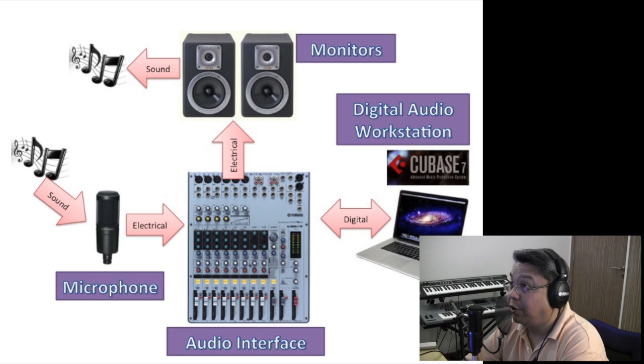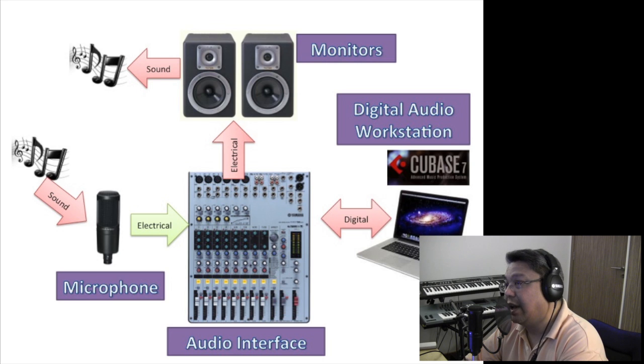Here is an overview of a typical home studio setup. You see there the important components. First, we have our sound source, say a singer's voice, which is sound energy picked up by the microphone. Then the microphone converts the sound waves into electrical signals, or what we call low-level audio signals, and is sent to our audio interface.